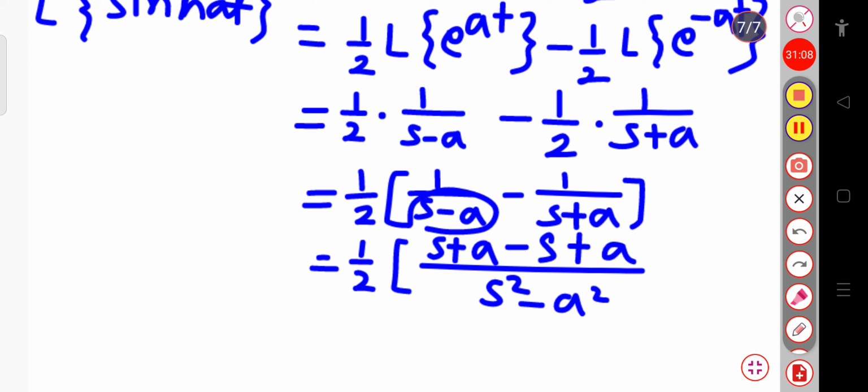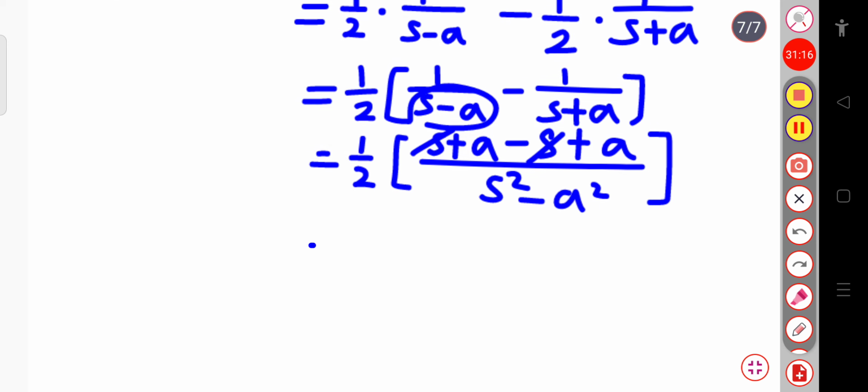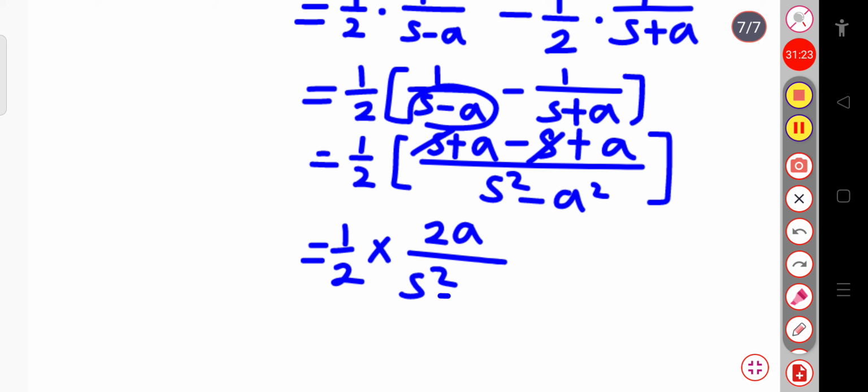Here s will get cancelled. Now a plus a, that will be 2a. So this will be 1 by 2 into 2a divided by s square minus a square. The 2 gets cancelled, this will be a divided by s square minus a square.